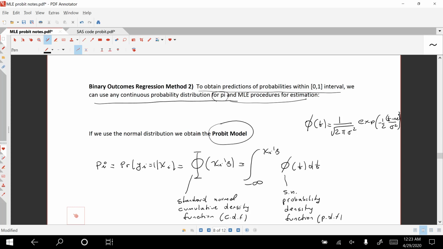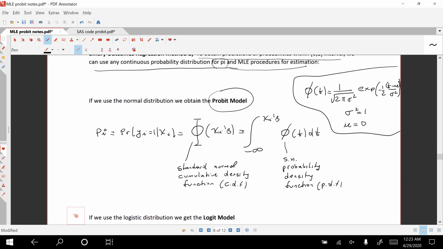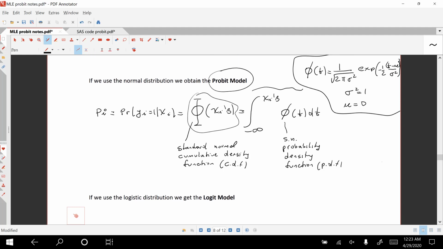To define the standard normal, sigma squared has to be equal to 1 and mu is equal to 0. So what we're doing here is taking the integral of this function from -infinity to xi prime beta, and that's denoted by this expression.